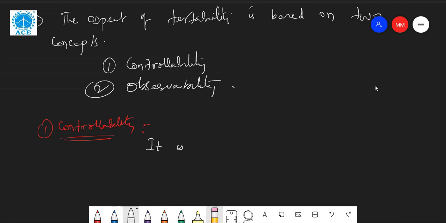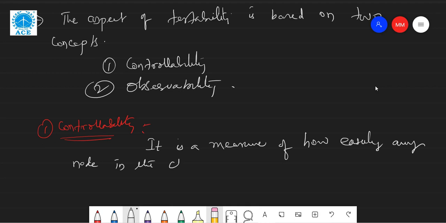It is a measure of how easily any node, meaning input or output node, in the circuit can be controlled.